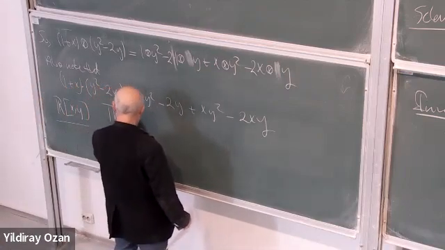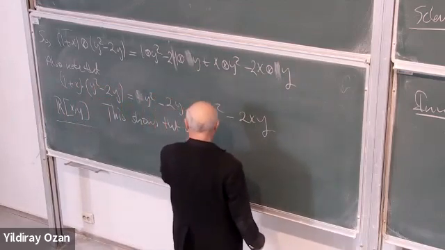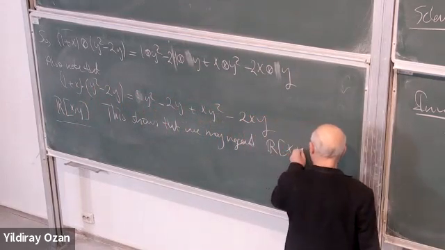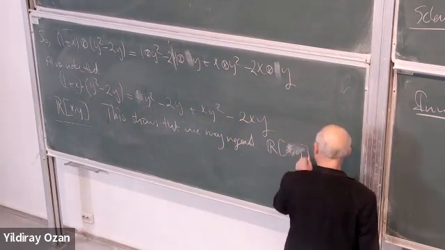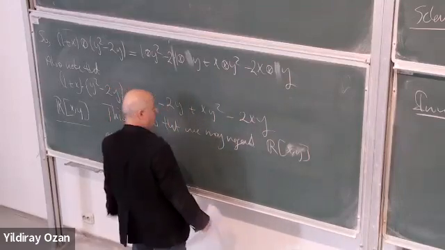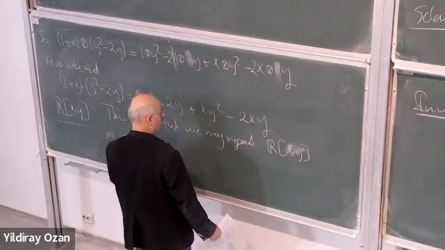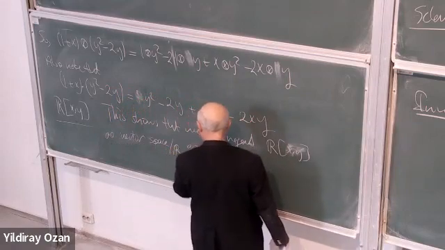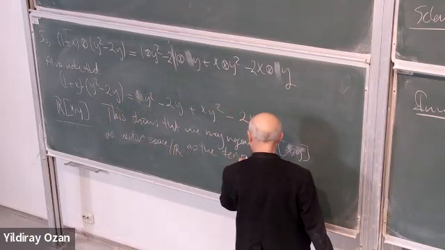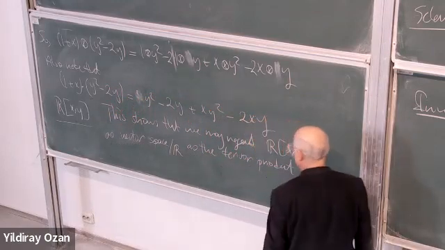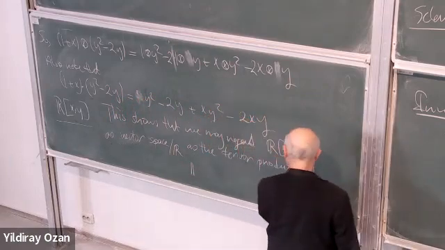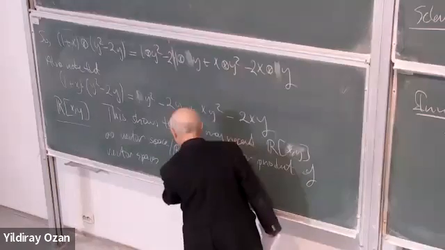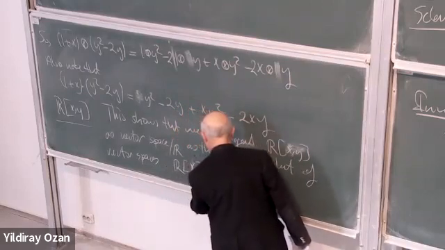This shows that you will regard Rxy, this two variable polynomial ring, as a vector space over R, is the tensor product of vector spaces Rx tensor Ry.